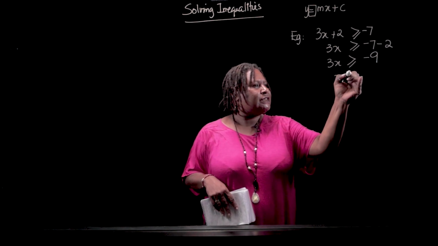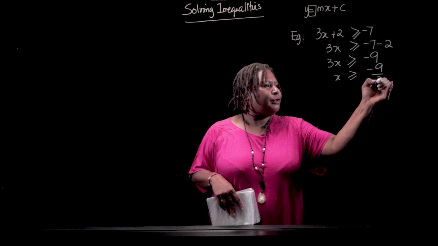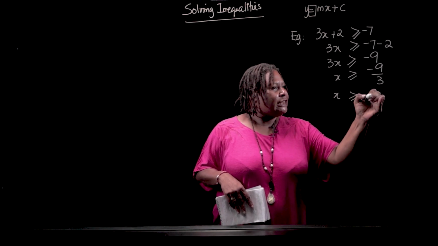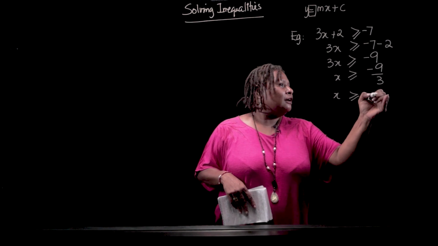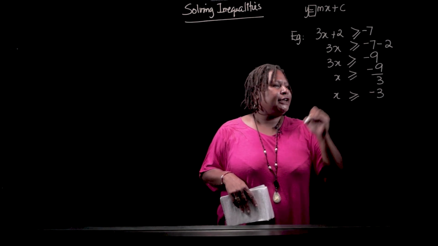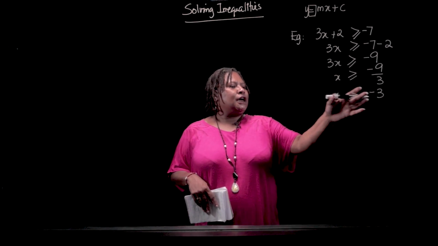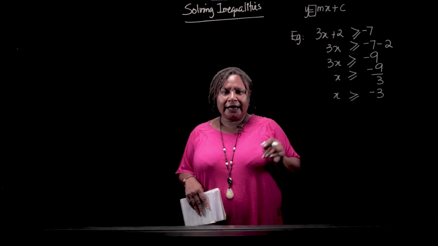So x is greater than or equal to 5 divided by 3. And your solution is x is greater than or equal to 5 over 3. Okay, so your range of values greater than x give you all possible solutions for x.